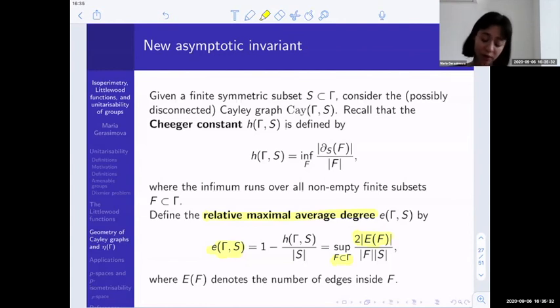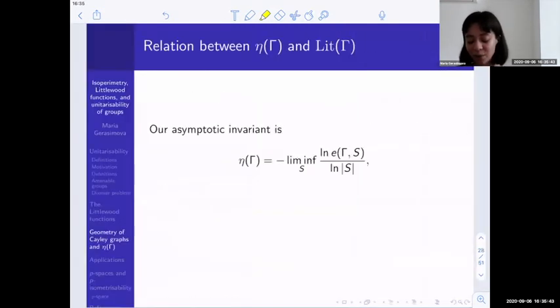I will try to give you some intuition why we call it the relative maximal average degree, but my invariant, which is related to the Littlewood exponent, will be a little bit different. I want to pass from S, and I will define my invariant as minus the limit of the logarithm of this E of gamma, S divided by the logarithm of the cardinality of S. It looks very strange, and I understand you. But maybe just to say something about that.